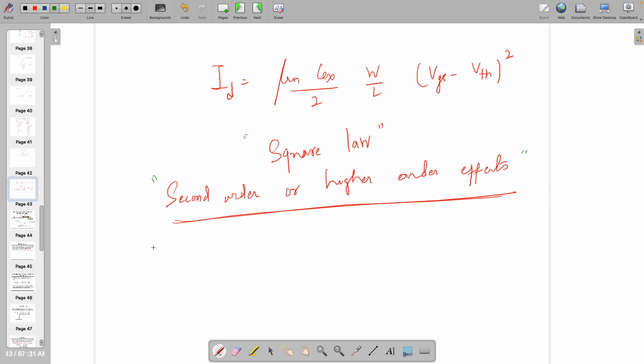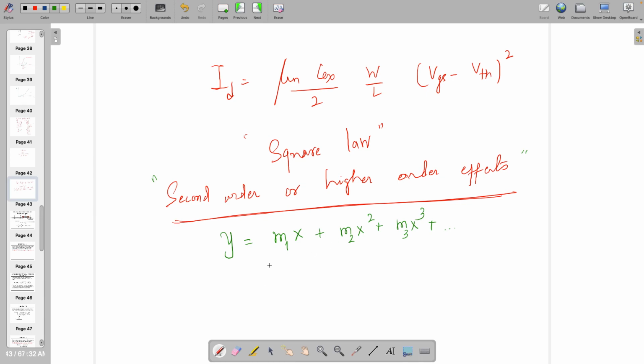The number of approximations is less. In second order, a number of approximations are still there. If you know, this is a linear system. But in reality, there are second order, third order, and so on and so forth. Fundamental, second harmonic, third harmonic.